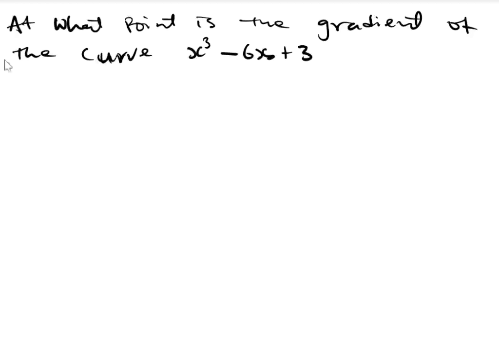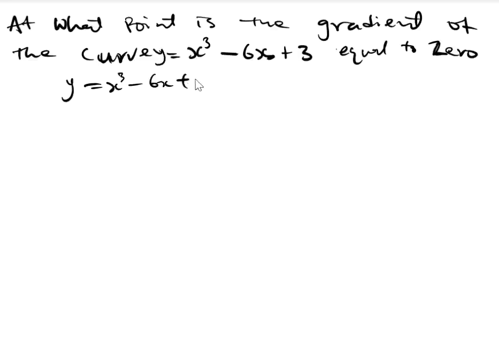At what point will this gradient be equal to 0? So to solve this, we have to differentiate. We all know that the curve is y equal to x cubed minus 6x plus 3.